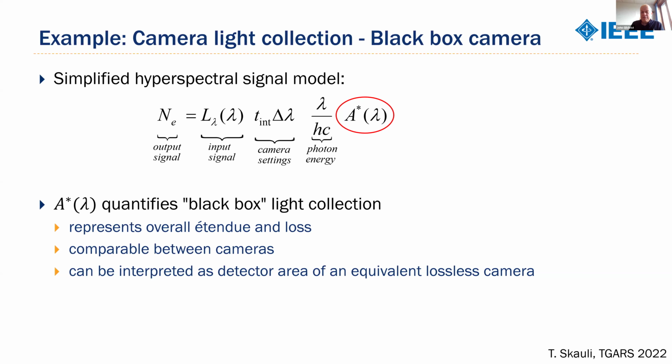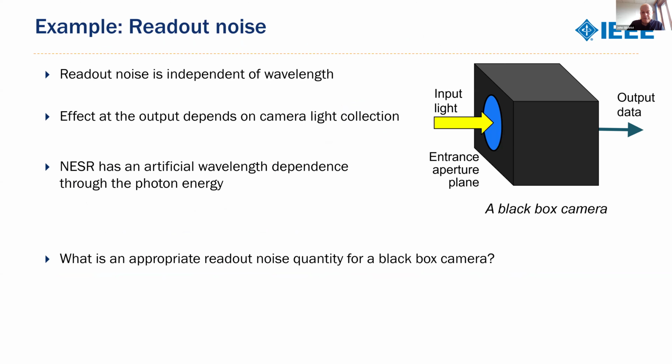You can read about that at length in a paper that underlies this quantity that is now part of the standard that's coming out. Another is the readout noise, where we need some number to represent that, and the noise equivalent spectral radiance is one way it's often done in hyperspectral, but this has some wavelength dependence through the photon energy that's not really helping us get comparable measures.